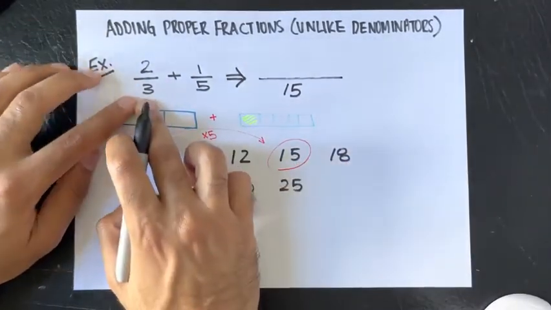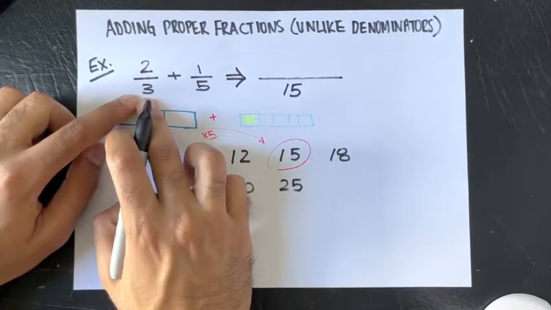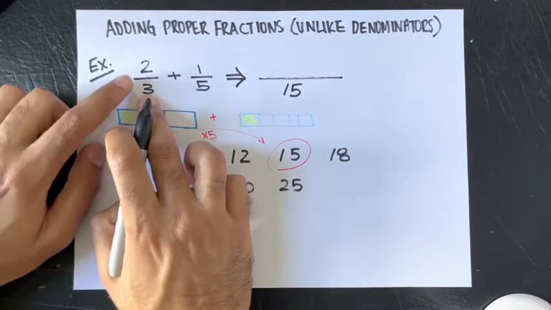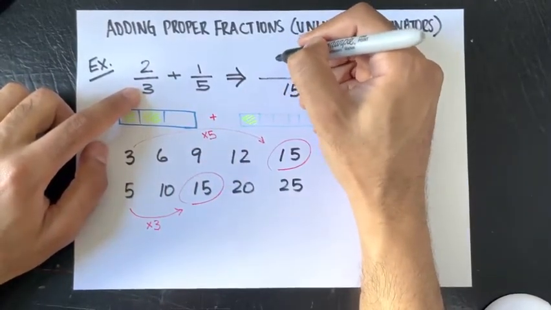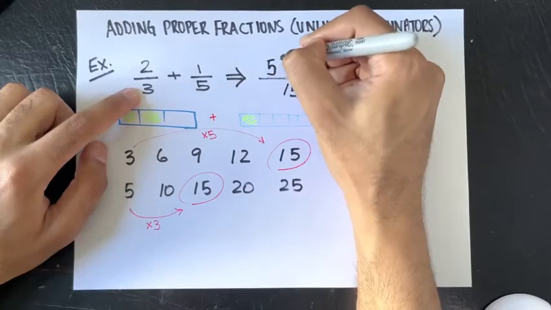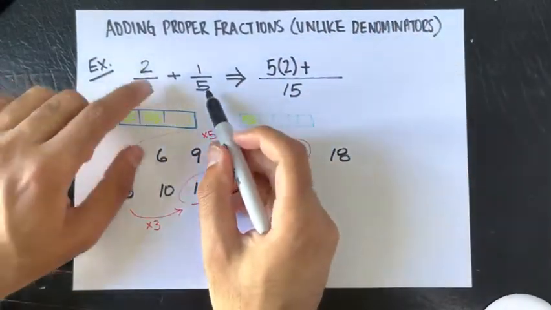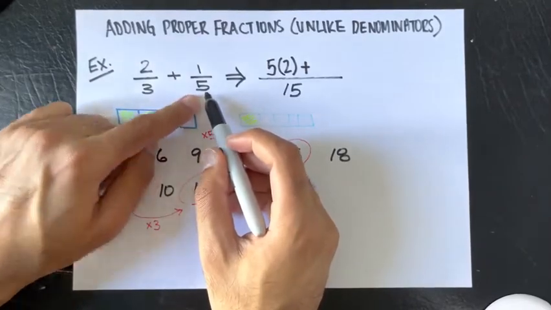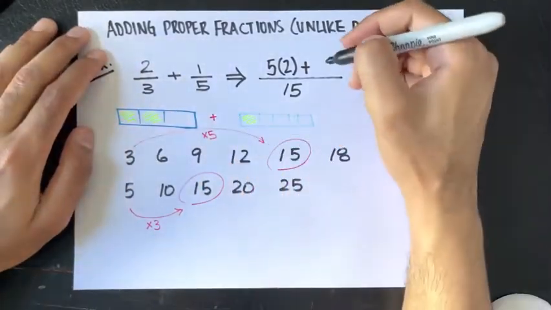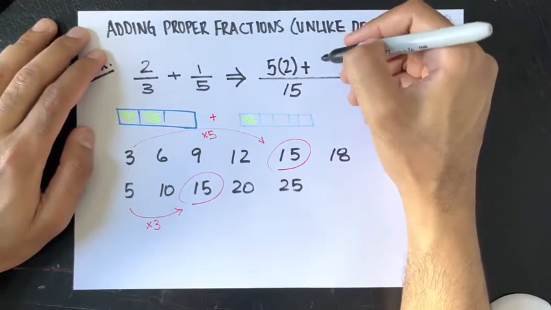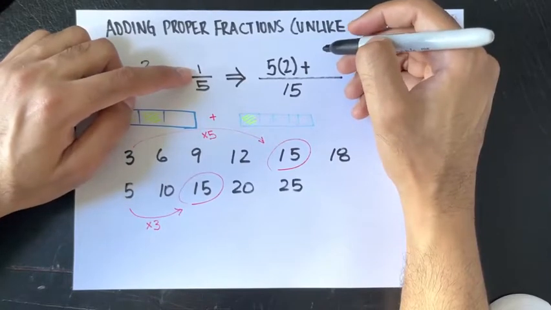And to get 3 to 15, we multiplied the 3 by 5, but therefore you also need to multiply the 2 by 5. Then add that with, to get to 15 from 5, you need to multiply it by 3, and therefore you need to multiply the numerator of the 1/5 fraction by 3.